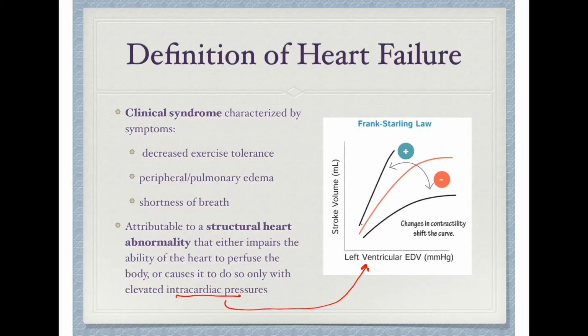So if this curve represents a normal heart, this patient can generate adequate stroke volumes at fairly low levels of end diastolic volume or preload, whereas if this curve represents the patient with significant heart failure, in order to generate the same level of stroke volume, they would need much higher levels of preload.